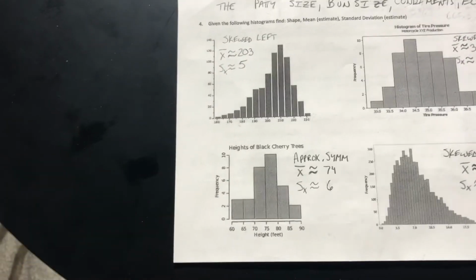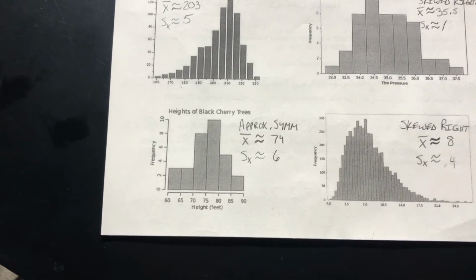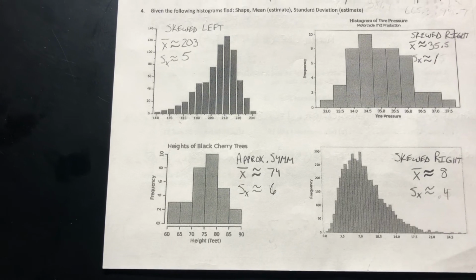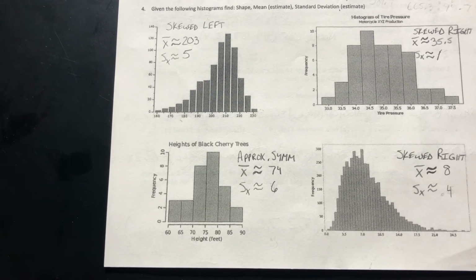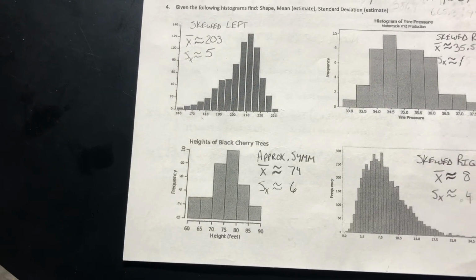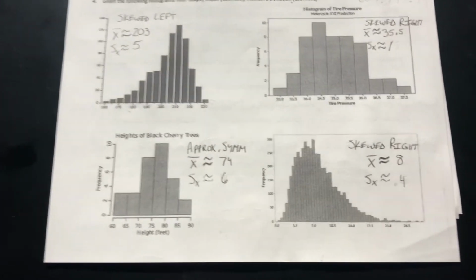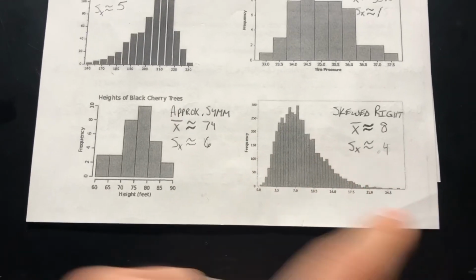Down here, it's approximately symmetric. So therefore, our mean is in the middle. It's about 74. The data is kind of being pulled to the right. So I have my standard deviation by about 6. And last but not least, this one is skewed right, getting pulled to the right side.